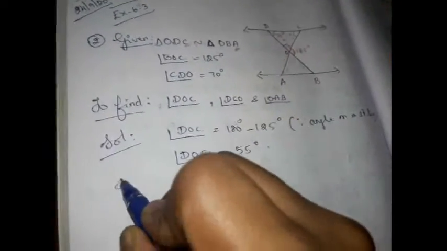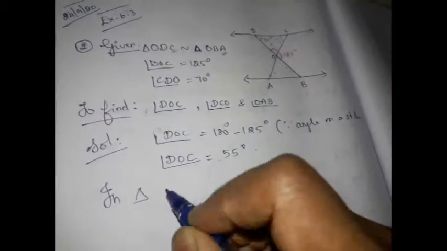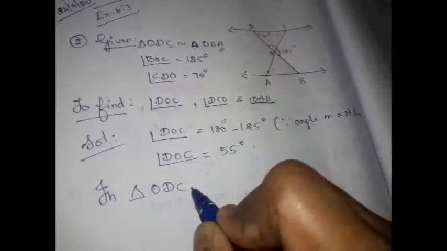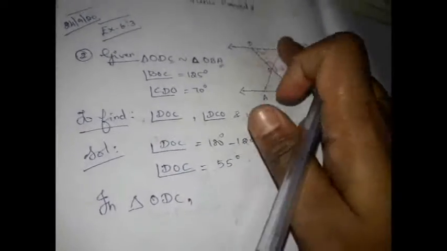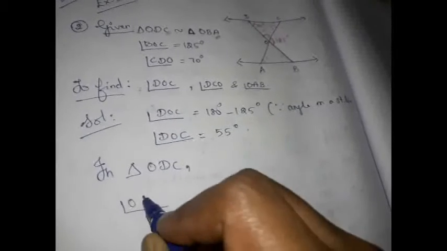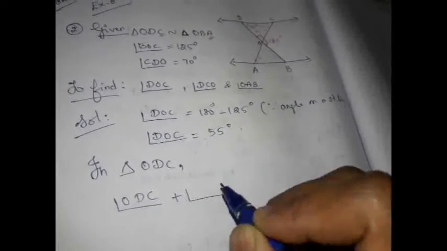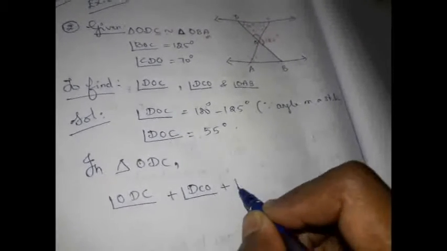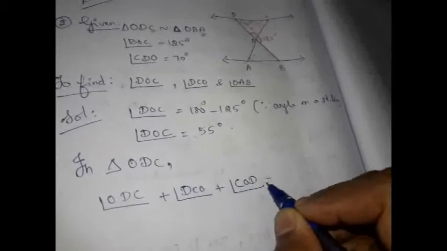Now how to find our DCO? In triangle ODC, if we add all the three angles, we will get 180 degrees, right? So we can write angle ODC plus angle DCO plus angle COD equals 180 degrees by angle sum property.